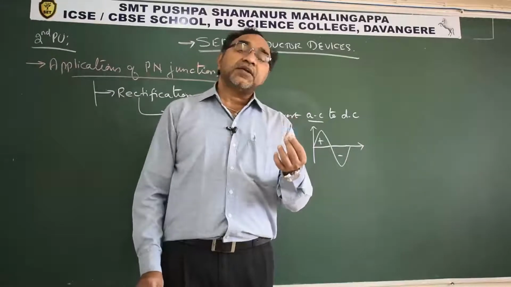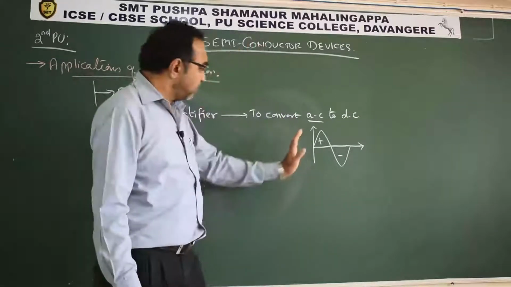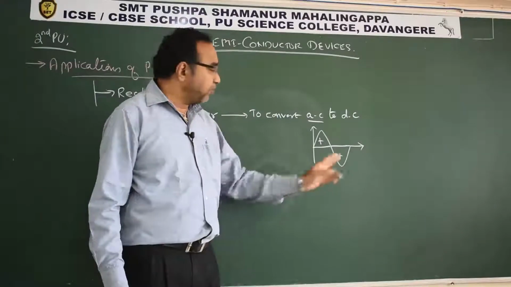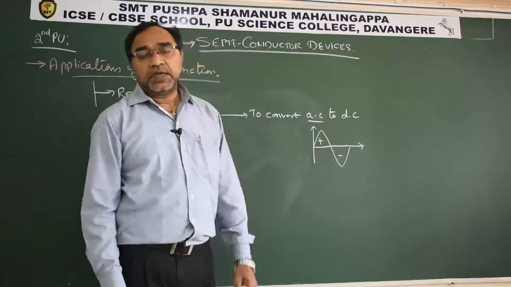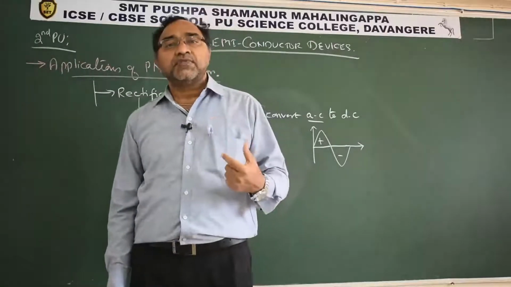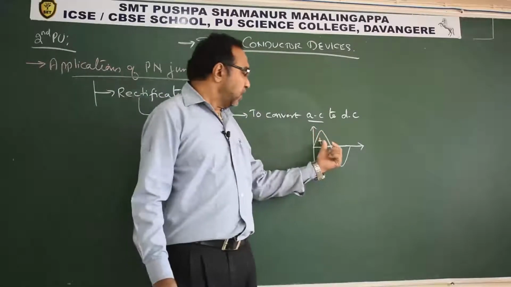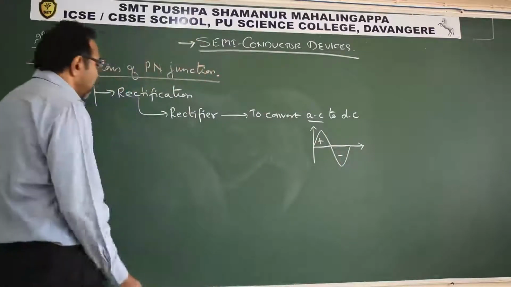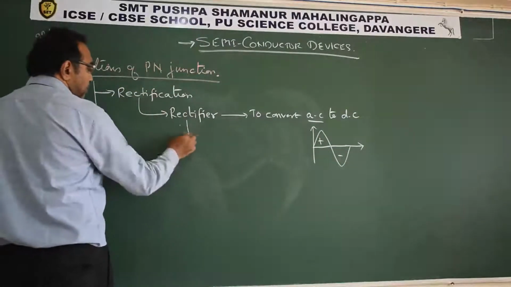Either we can rectify half of the wave, either plus or minus, or we can rectify both the lobes. If we are rectifying one lobe, then it is called a half wave rectifier. If we are rectifying both the lobes, then it is known as a full wave rectifier. That is why a rectifier can be of two types.